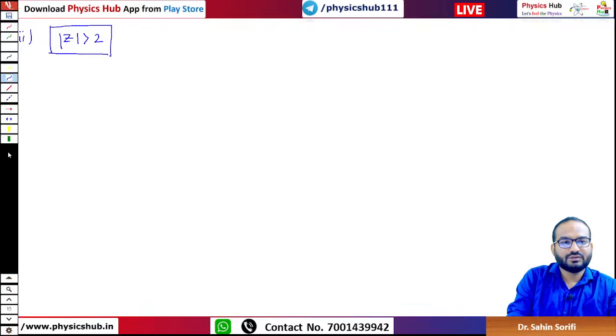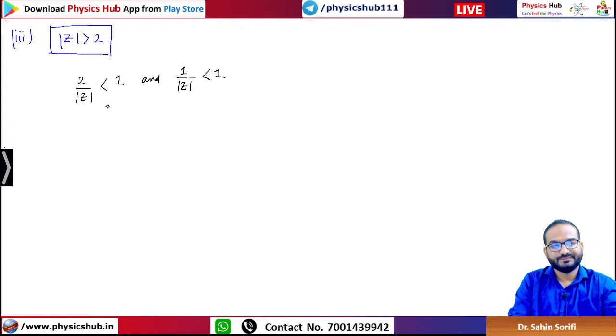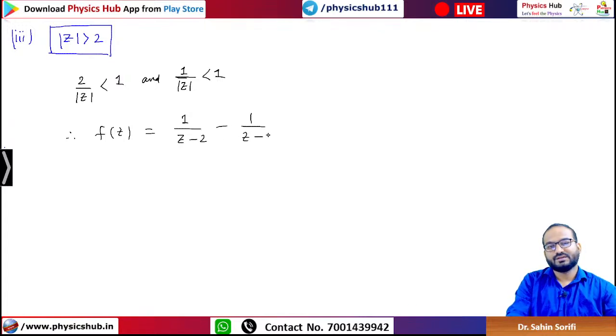So what you can conclude, that 2 by mod z is less than 1, and 1 by mod z will be obviously less than 1. No issue in this. So f of z is 1 by z minus 2 minus 1 by z minus 1.